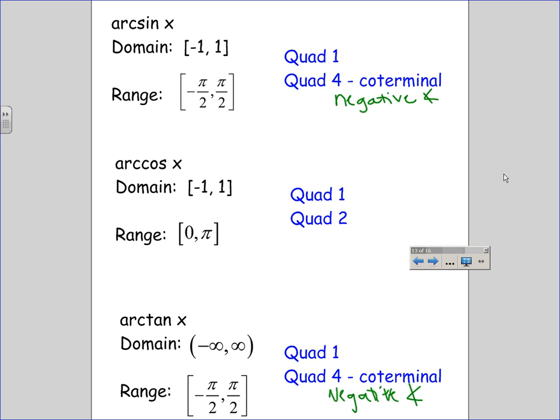Okay? This stuff is what you need to have on your note card to remember about arc sine, arc cosine, and arc tangent. Can you tell me, arc sine, cosine, and tangent, what do those mean? What are you looking for whenever you use the arc sine, cosine, and tangent? What's the point of using those? What's the question you need to ask whenever you use those?